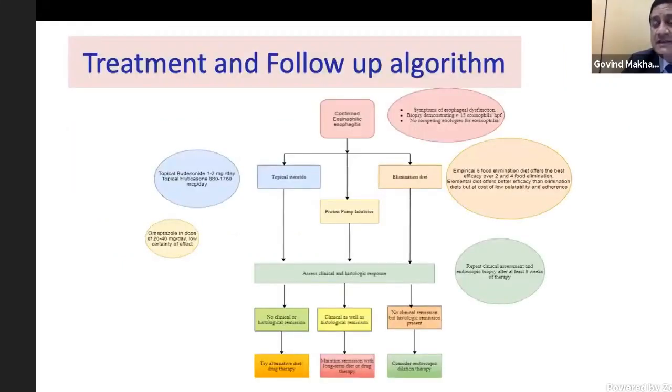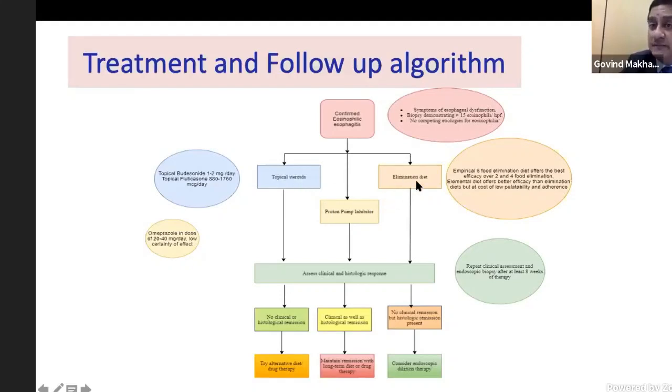Coming to the summary, how do you treat eosinophilic esophagitis? Coming back first to the patient we treated, we gave this person systemic steroid for 4 weeks, and he is now maintained on azathioprine, and this patient is doing better. Suspect the disease, confirm diagnosis by pathology, then 3 options: topical steroid, proton pump inhibitors, elimination diet.